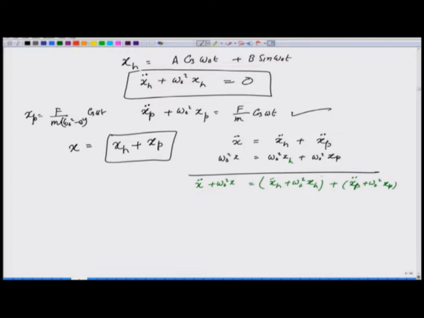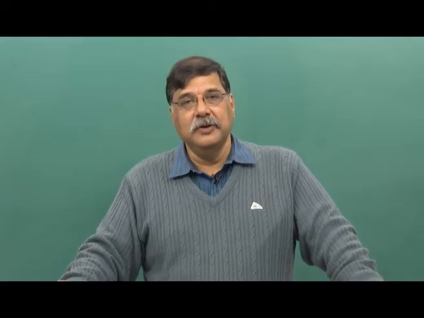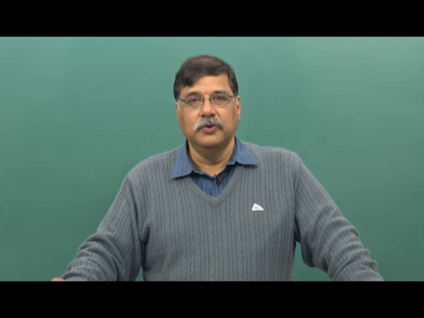The first part we have already shown is 0, and the second part gives me f over m cosine of omega t. So, the true solution which satisfies this equation is x of t equals a cosine of omega 0 t plus b sine of omega 0 t plus f over m times omega 0 square minus omega square, times cosine of omega t. This is the true solution, and now because I have these two coefficients a and b, which can be fixed with any given initial conditions, I have the full solution of the motion.